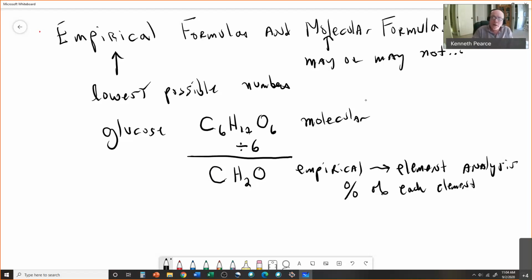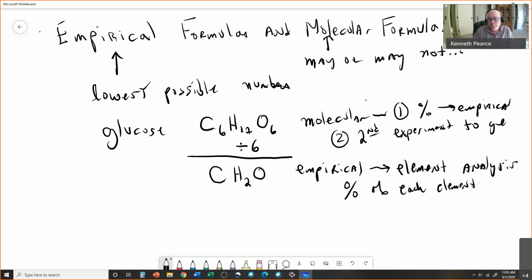Now, the molecular, you find, number one, the percent to get the empirical, but then number two, to get the molecular, you have a second experiment to get the mass. And I'm going to show you how. So to get the molecular, you have to actually do an elemental analysis to get the percent carbon, percent hydrogen, percent oxygen, and you get an empirical formula out of that.